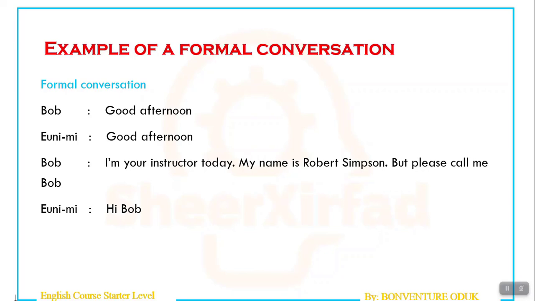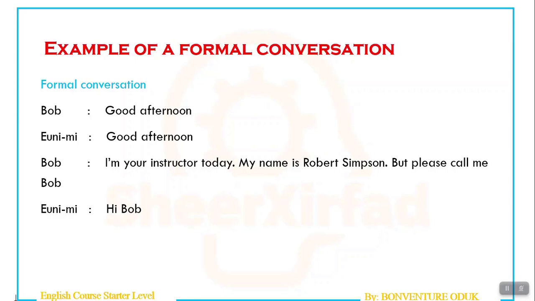I want us to look at a formal conversation between two people who are having a conversation. I'll read, then I'll explain. Good afternoon. Good afternoon. I am your instructor today.